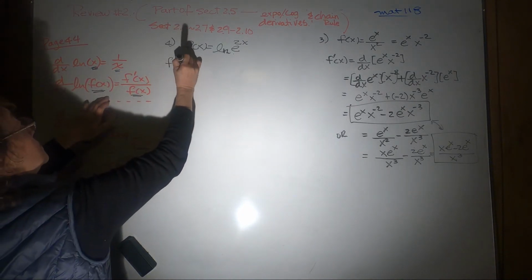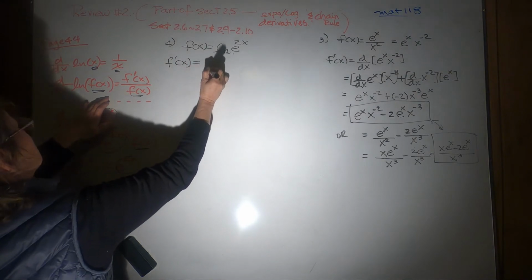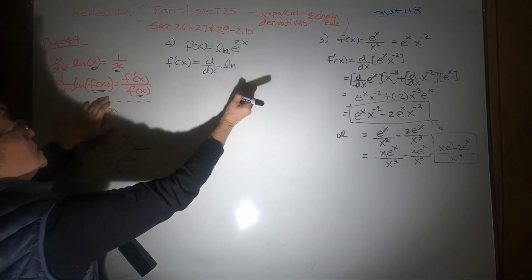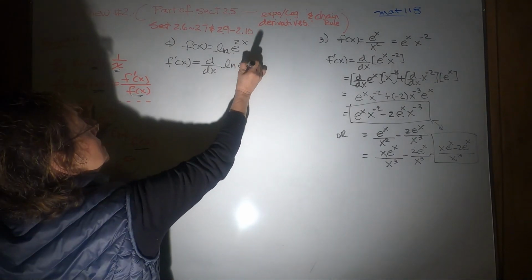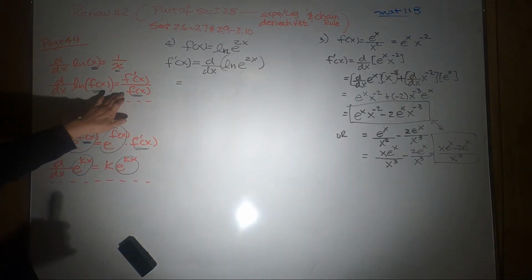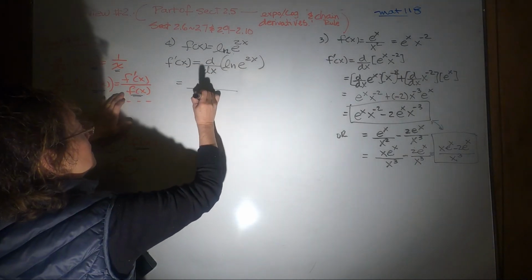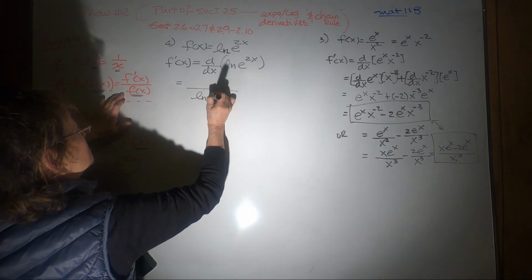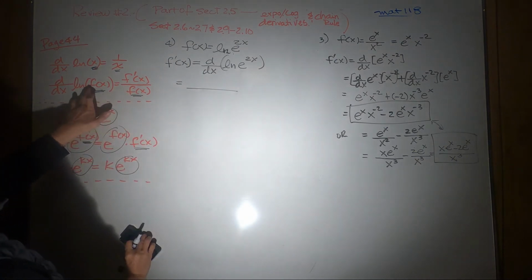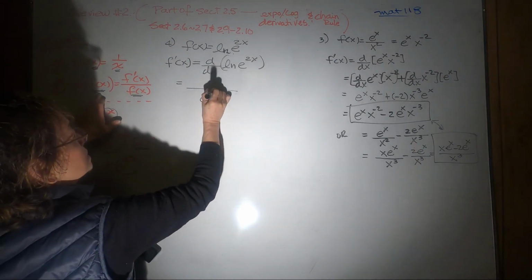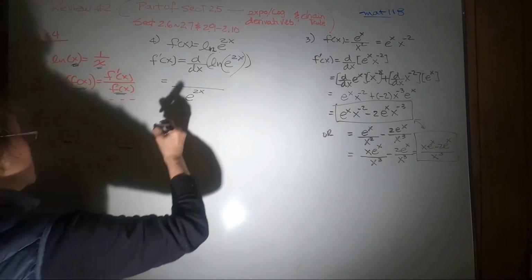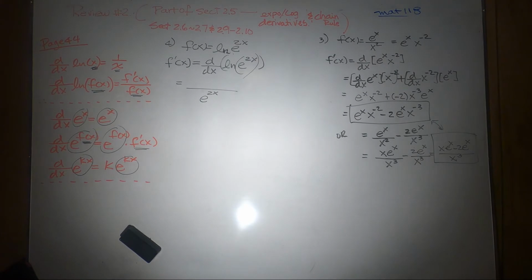So f prime of x equals what? d/dx of natural log of the whole thing, e to the 2x, right? Then you put everything over, just inside, that means e to the 2x, because that's the natural log of e to the 2x, right?